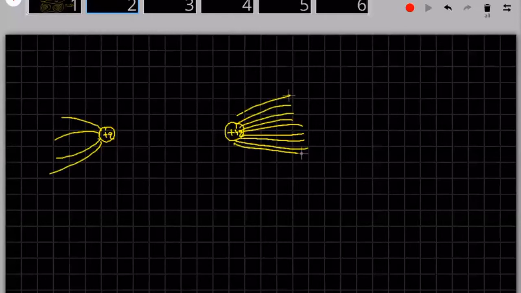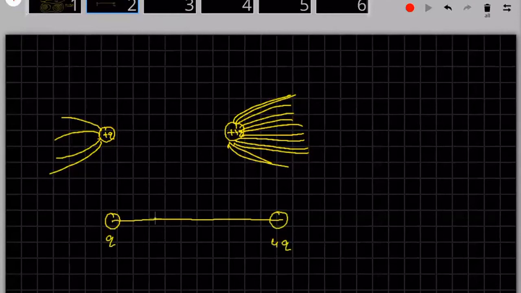What I was expecting is that if this is the distance between them, this is q, this is 4q, then the null point will be more towards this, and the ratio specifically will be 2:1.